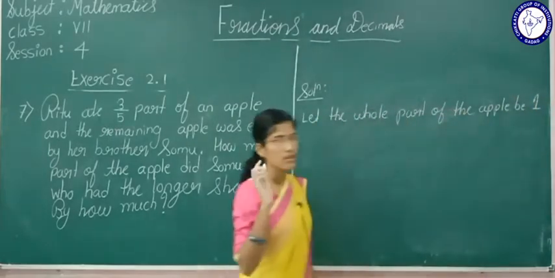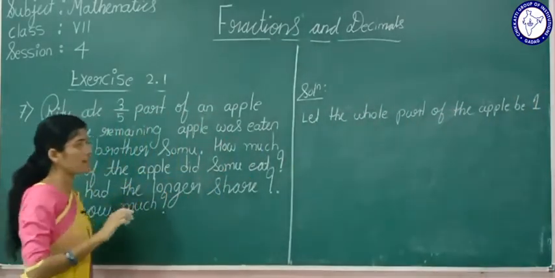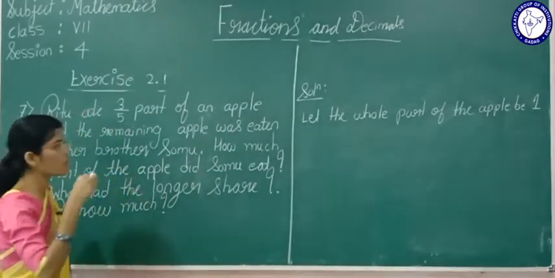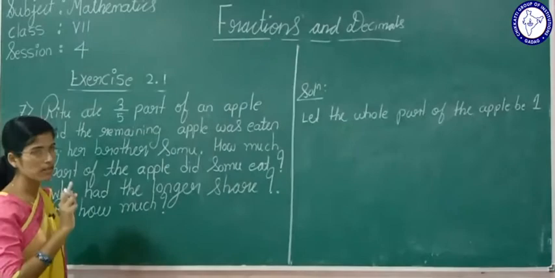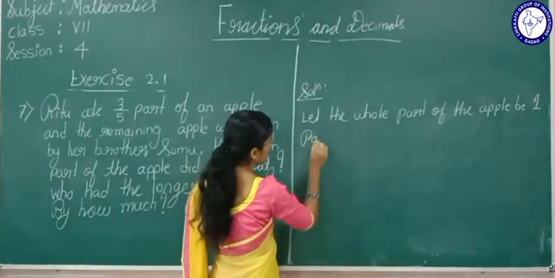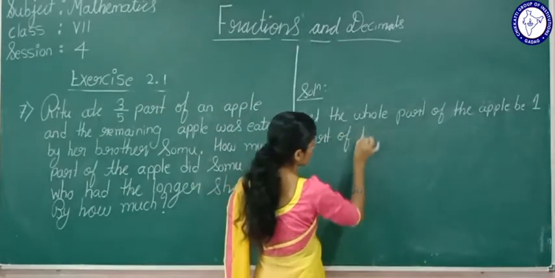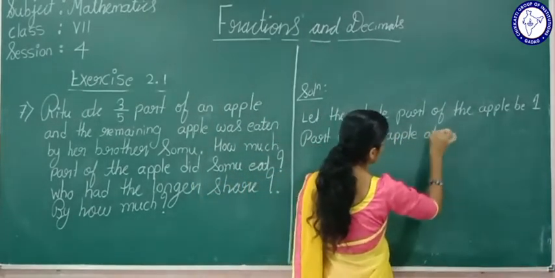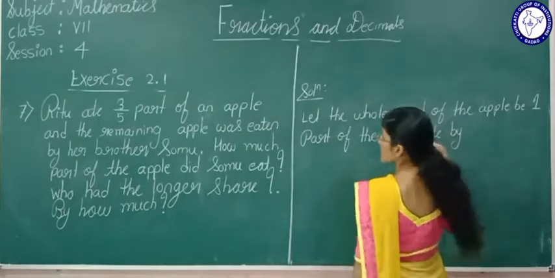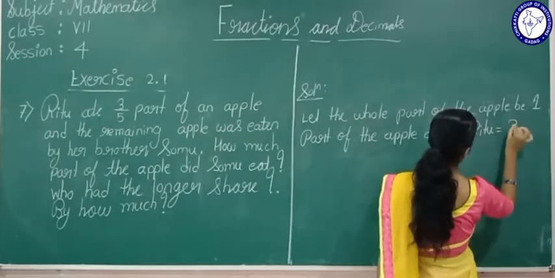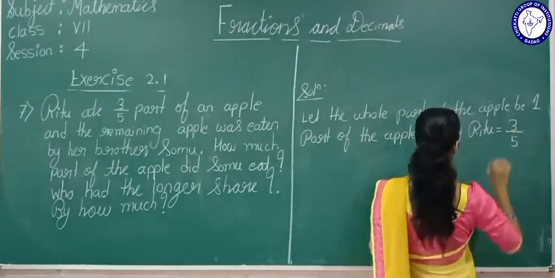In 1, I told you a fraction is nothing but a part of a whole. See here, let the whole part of the apple be 1. Part of the apple eaten by Ritu is how much they have given? 3 by 5.